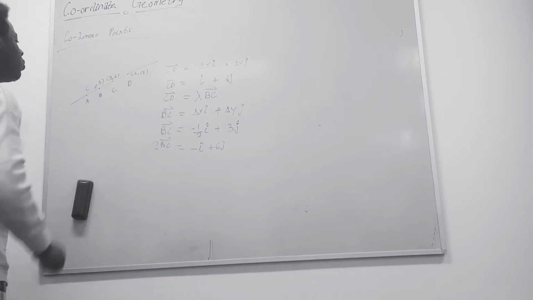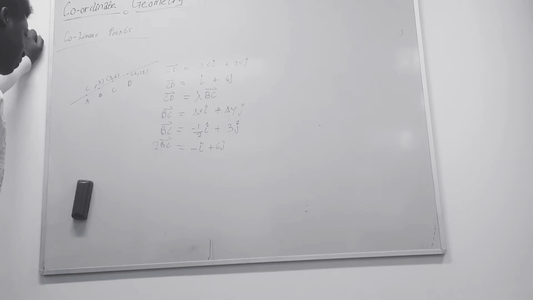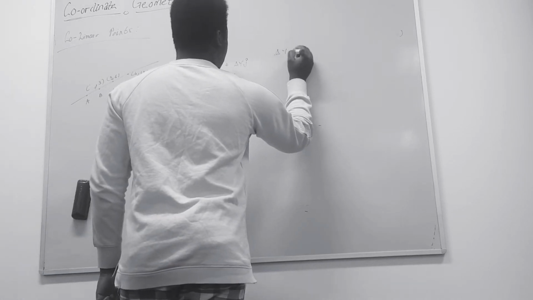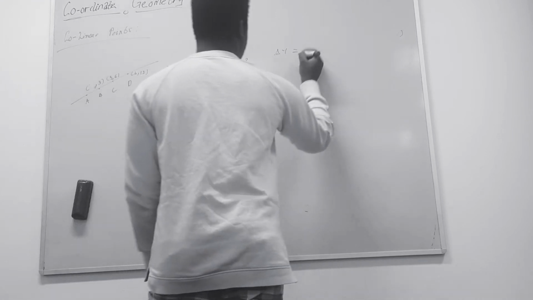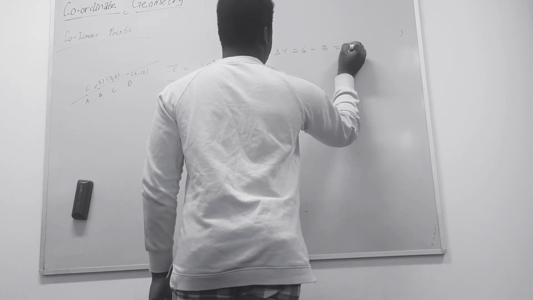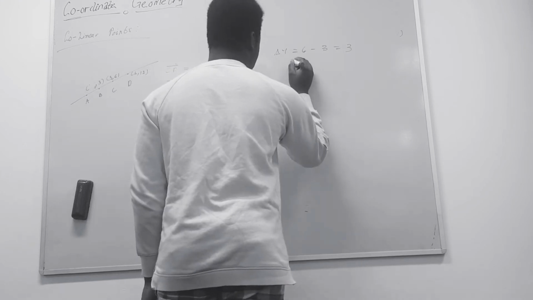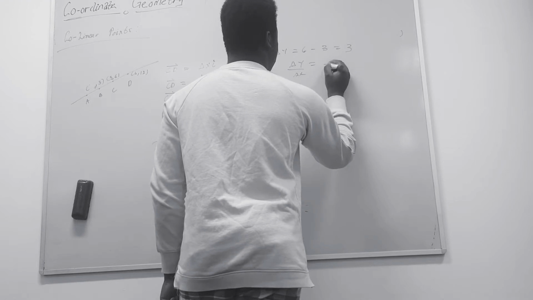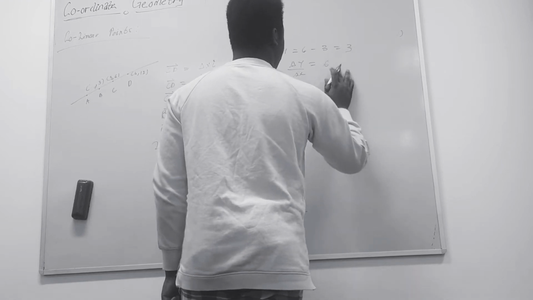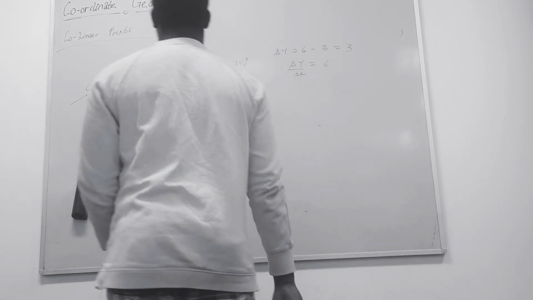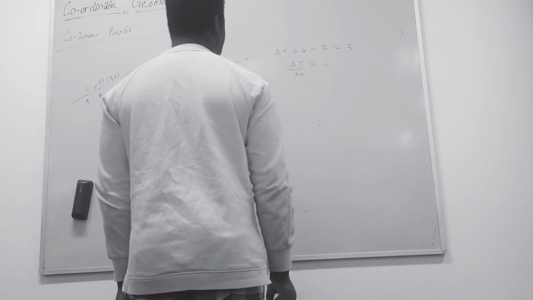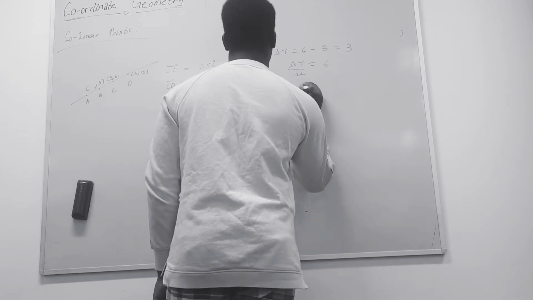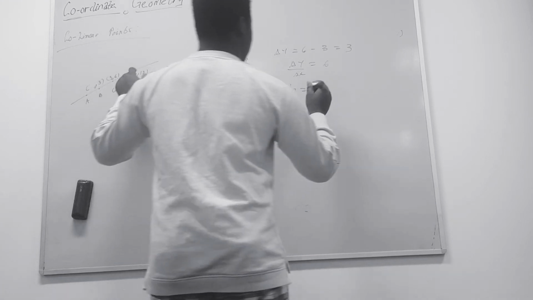I want the difference between y and y1 to be 3, right? So I have delta y is equal to 6 minus 3, that's 3. And I want delta y divided by delta x to be equal to 6, right? I know x1, I know x2. x2 is equal to 3.